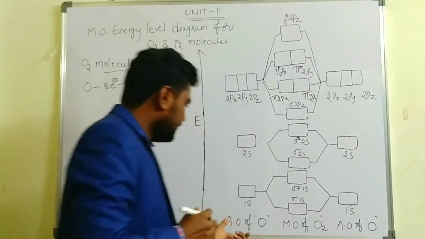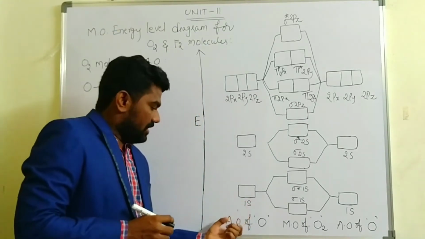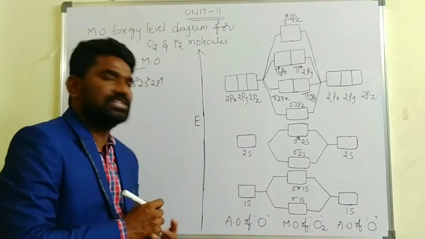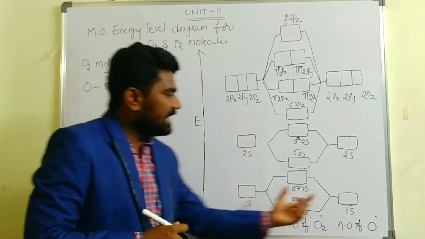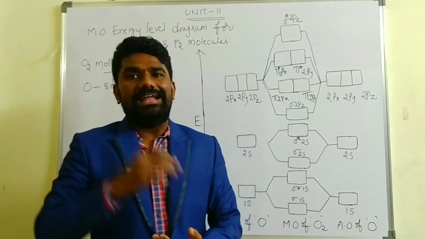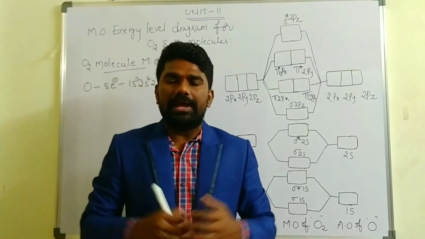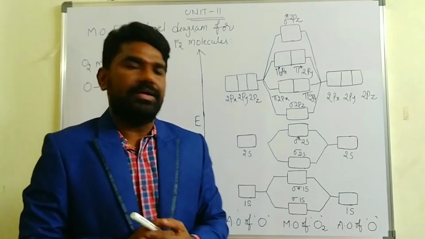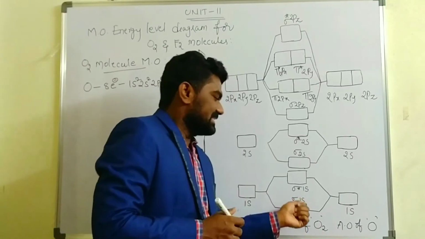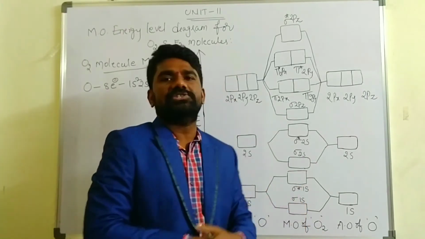If you see here, the 1s orbital of one oxygen atom and the 1s orbital of the other oxygen atom will come together, overlap and form the molecular orbitals sigma 1s and sigma star 1s.